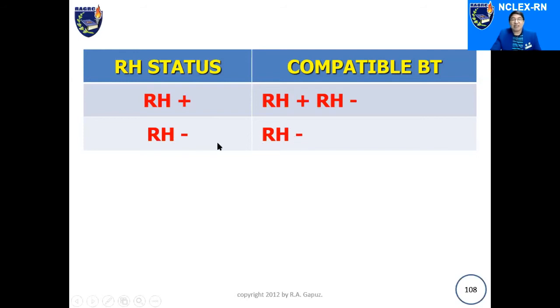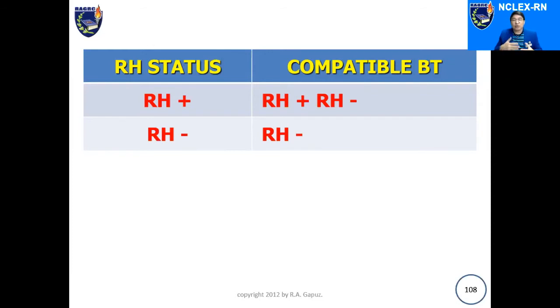While the mother is carrying the baby for 9 months, theoretically speaking, there is no actual mixture of maternal and fetal blood. However, during the delivery process, with the separation of the placenta, the baby's blood gets mixed with the mother's blood, such that since the baby has RH positive blood, it reacts with the mother's RH negative blood. And we call that condition RH incompatibility. Therefore, RH incompatibility exists when the mother is RH negative and the baby is RH positive.